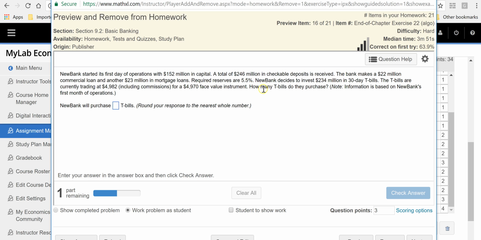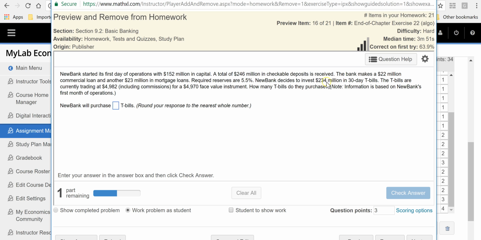How many T-bills? First part of the question is how many T-bills do they purchase? Here's the note. Note information is based on new bank's first month of operations. I think this first part is relatively straightforward to answer because we know how much new bank used to buy the T-bills.